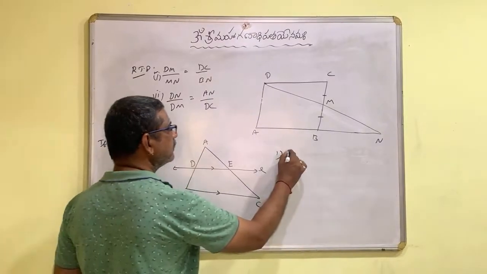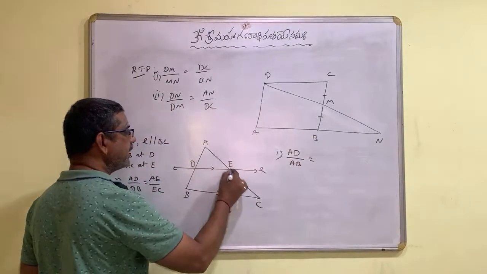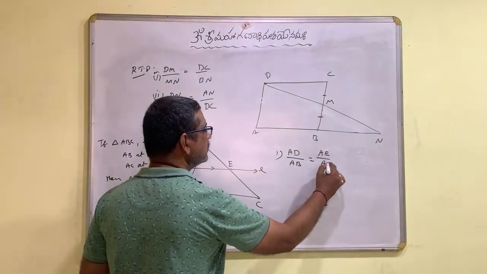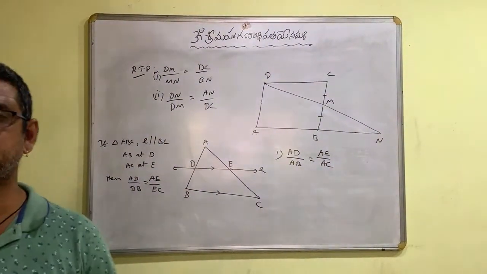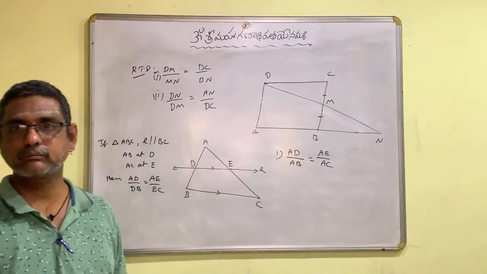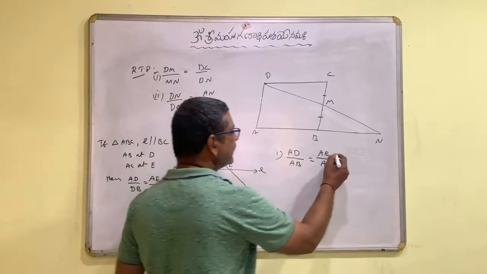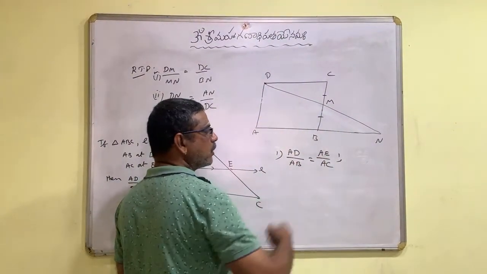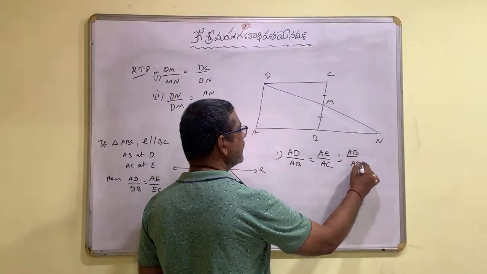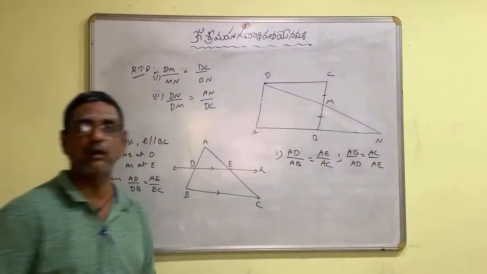The first part by total is equal to AE by total. This is also equal. Not only this, its inverse ratio is also equal. What is the inverse ratio of this one? AB by AD equal to AC by AE. This is also equal. That is what we have to observe.